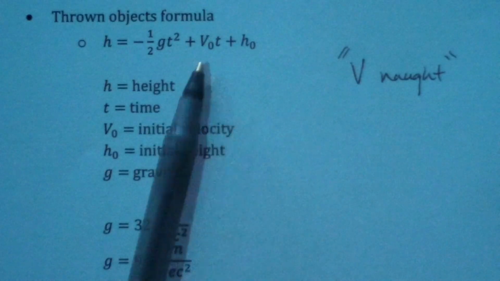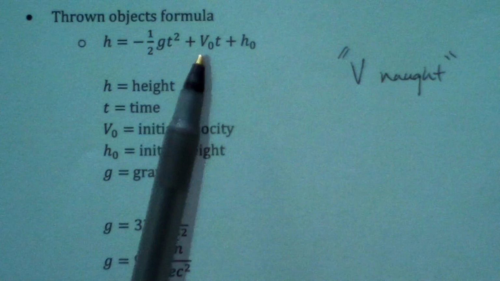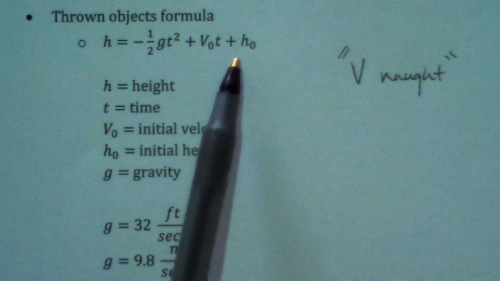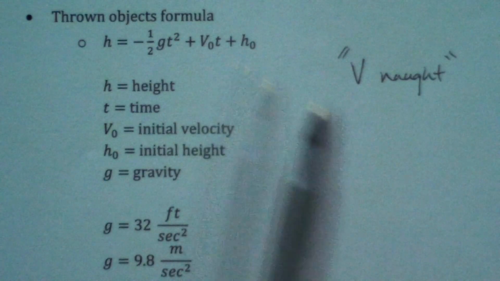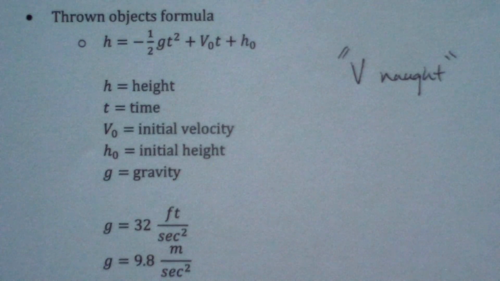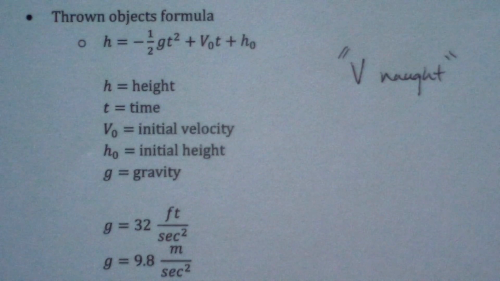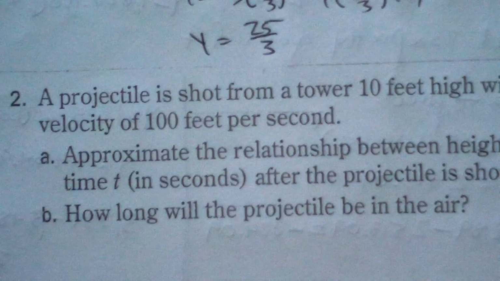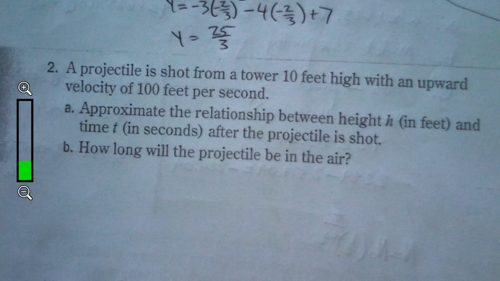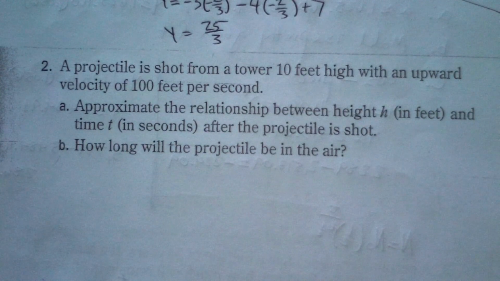We don't know our time, but it'll be t squared, plus the next thing is the initial velocity. What's our initial velocity? The 100, yep, so 100 feet per second. So that'd be times our t, plus our initial height. What's our initial height? The 10, yep. So that'd be our approximate relationship, just setting up that equation.